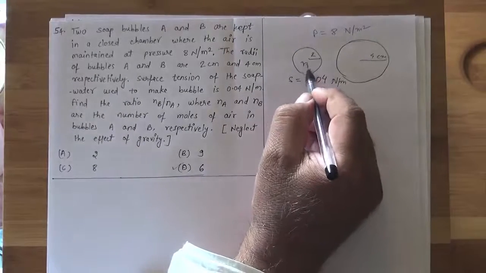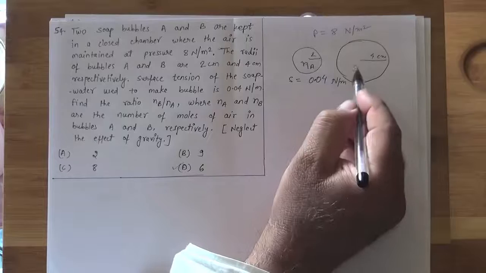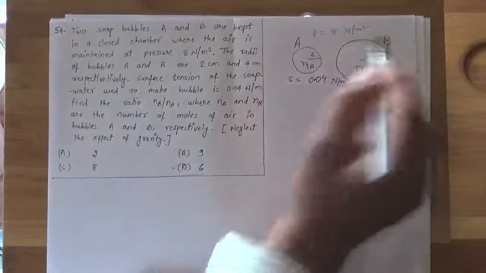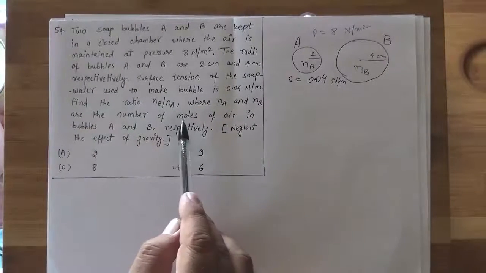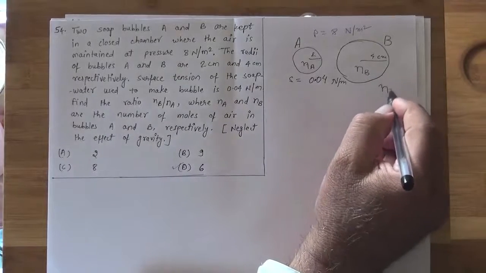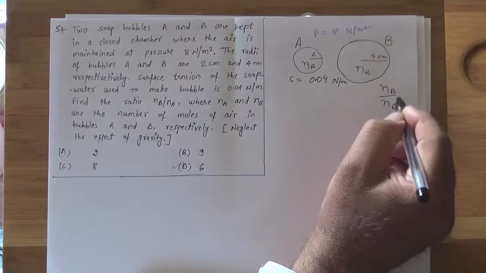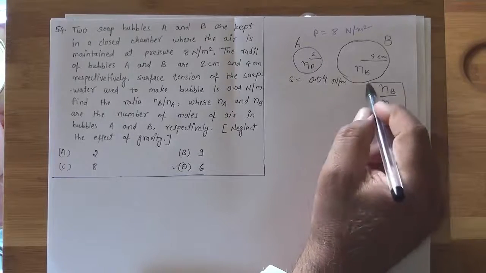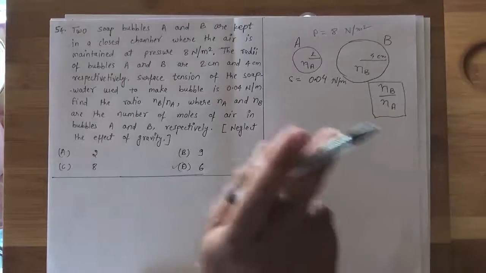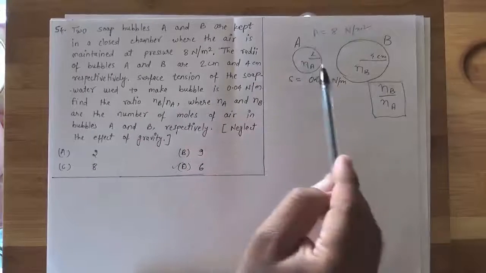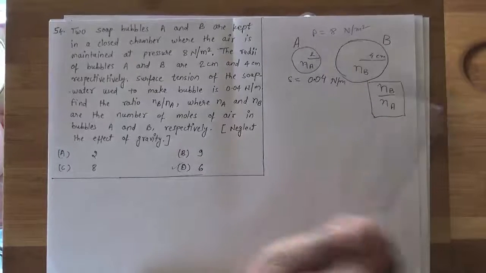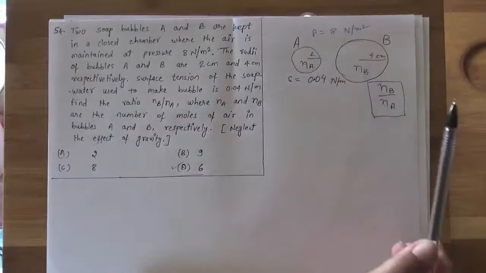Here, the number of moles NA, number of moles NB. This is A, this is B. Ratio NB upon NA. So what we have to find is NB upon NA. Now how does this NB upon NA appear in this question? We remember many things. Like if there is a bubble, there is an excess pressure inside the bubble. This is number of moles.